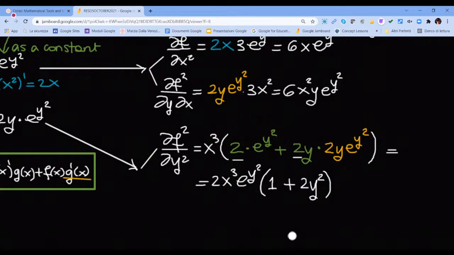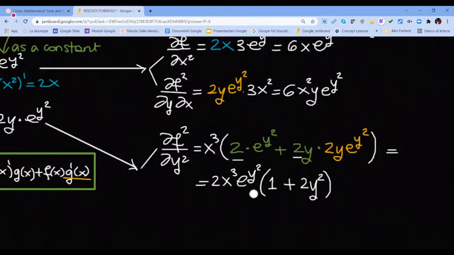Why is it important to write all the derivatives this way? It is important because normally we should compute the derivatives, first of all, in some points, or maybe check if they are positive or negative. So in this case, everything inside this parenthesis is positive, for instance, because we have a square of y, 1 plus 2 times a square.